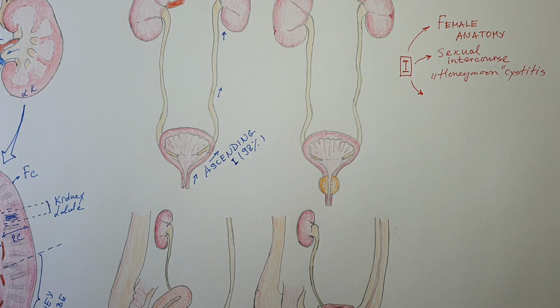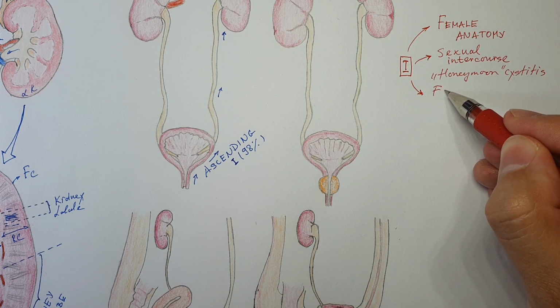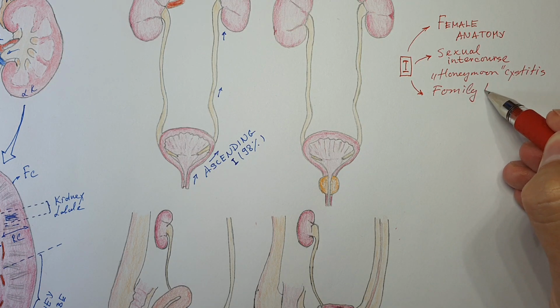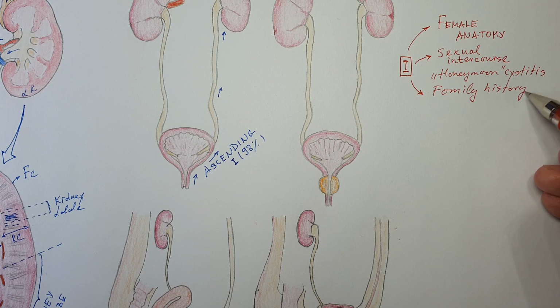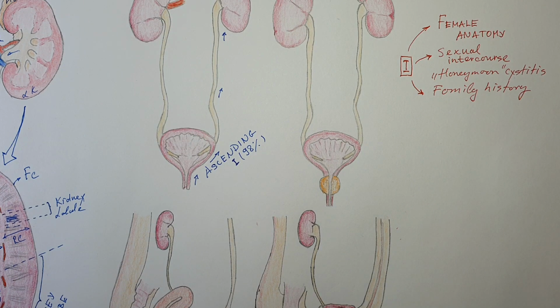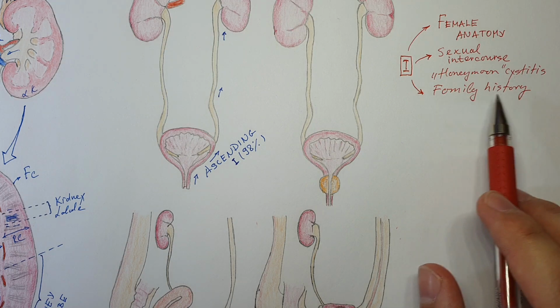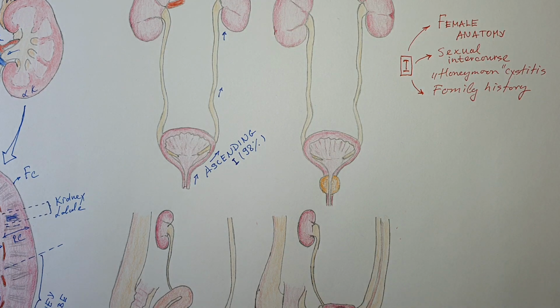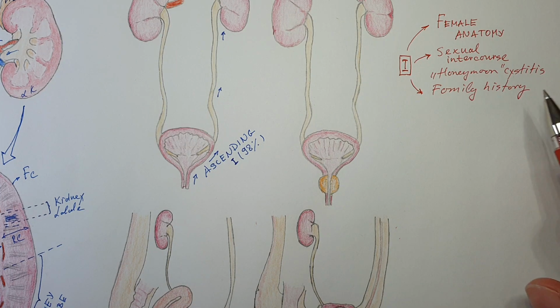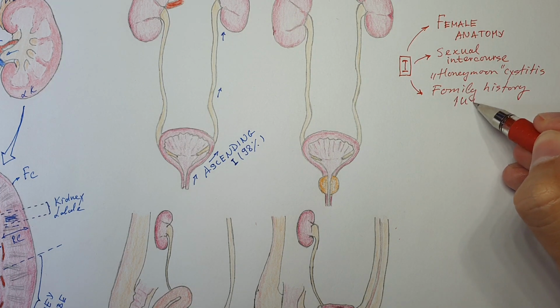The third element is family history. It has been proven that in some families where the mother had frequent urinary tract infections because of some genetic changes, their daughters also have frequent urinary tract infections.